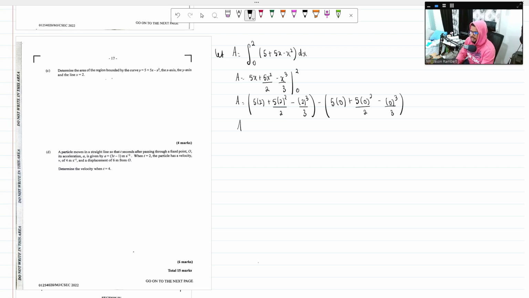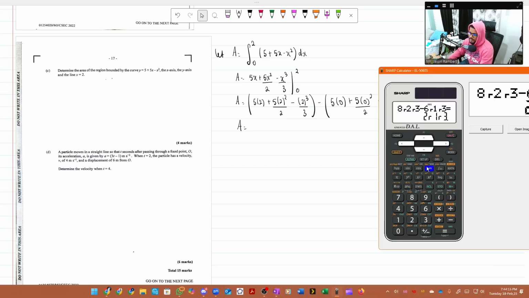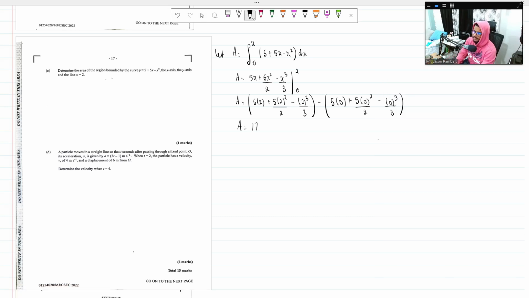Diving into the calculator, A is equal to, you can do it mentally, 5 2s are 10 plus 2 2s are 4, 5 4s are 20, 20 divided by 2 is 10, take away 8 on 3, 17 and a third. A is 17 and a third square units.